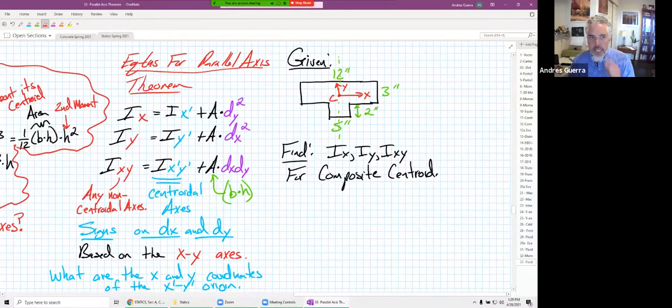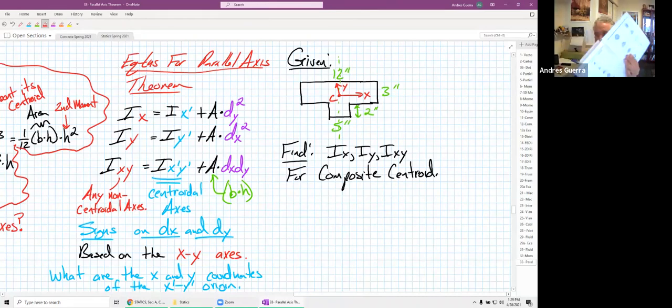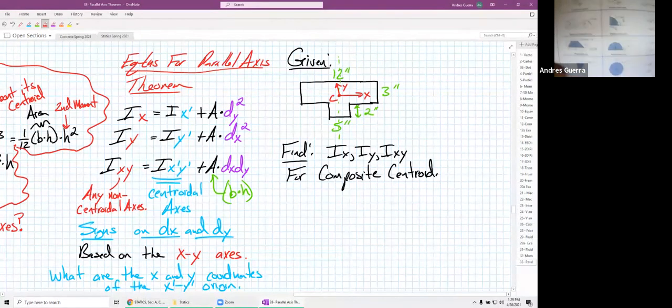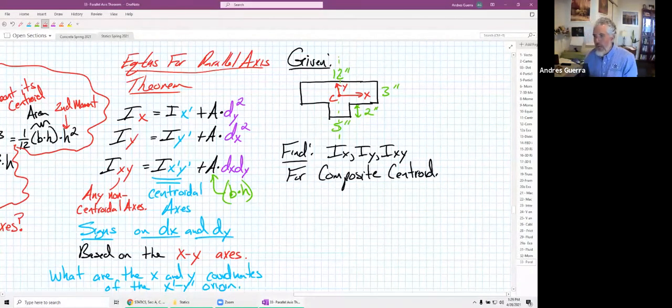For anything that's not a rectangle, we would provide that with an exam, or you can look it up in the back cover of your textbook. The back cover has these shapes and their moments of inertia, and I'm sure you could look up any other shapes you encounter. So yeah, good question.